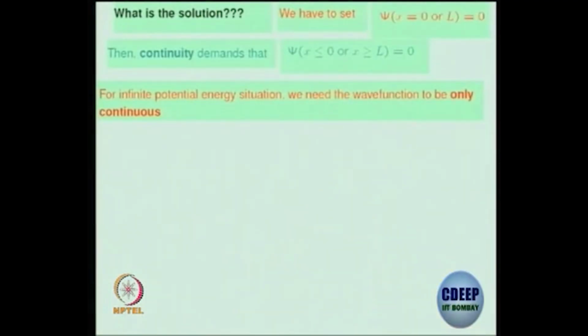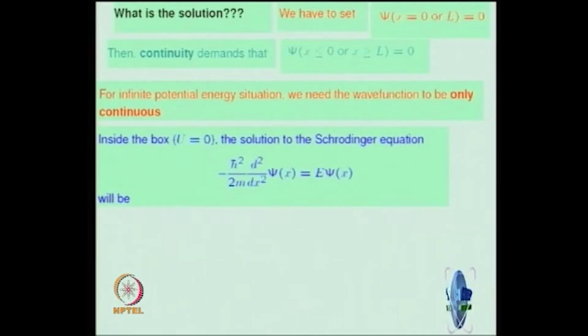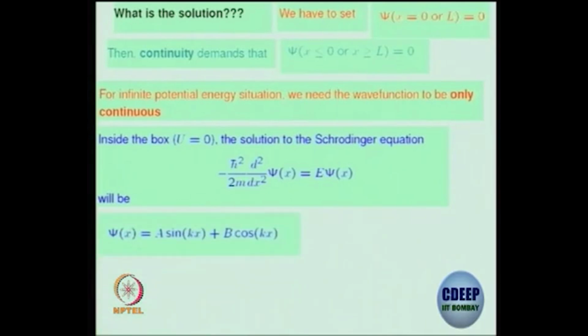So once you put this in, we need the wave function to be only continuous, not the derivative, and inside the box you put U equal to 0 in the time independent Schrodinger equation. The most general solution is a linear combination of sine and cos, with k proportional to the square root of the energy.